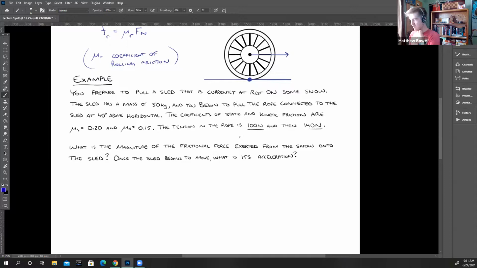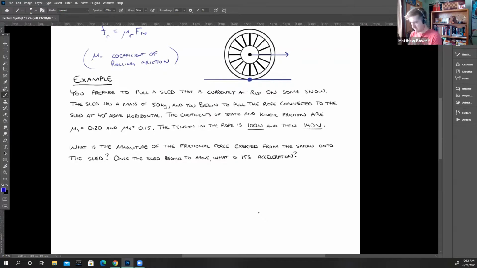And the tension in the rope that you are pulling with is first 100 newtons and then 140 newtons. So what we want to know is, what is the magnitude of the frictional force exerted from the snow onto the sled?